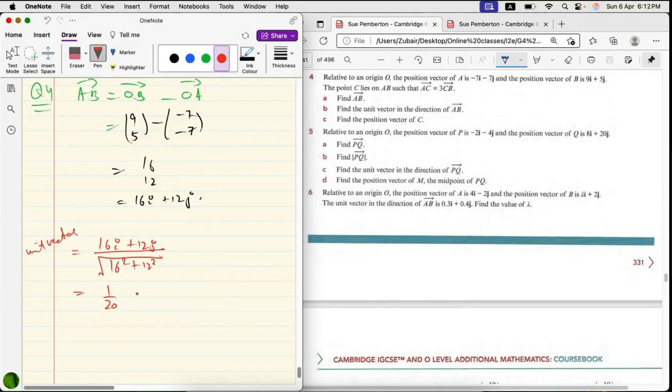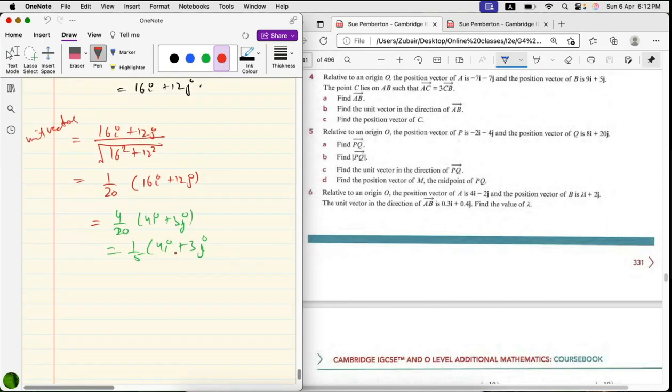So 1 by 20 of 16i plus 12j. We can keep it as it is or multiply that inside. I'm just taking out common factors. 16 and 12 are both divisible by 4. This is 4i plus 3j. So we can write 1 by 5 of 4i plus 3j, or 4 by 5 i plus 3 by 5 j, any form.